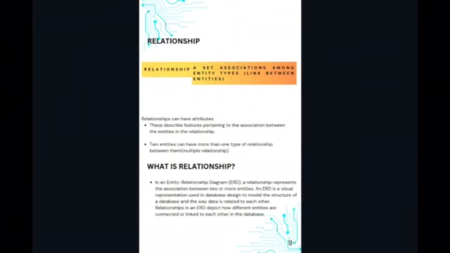An ERD is a visual representation used in database design to model the structure of a database and the way data is related to each other. The relationship in an ERD depicts how different entities are connected or linked to each other in a database.